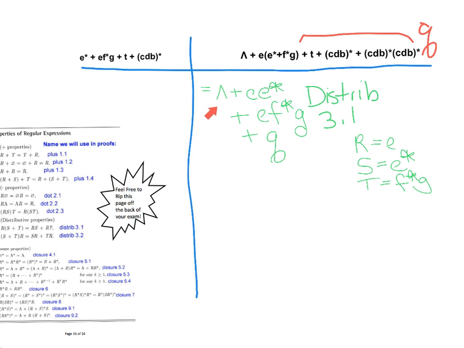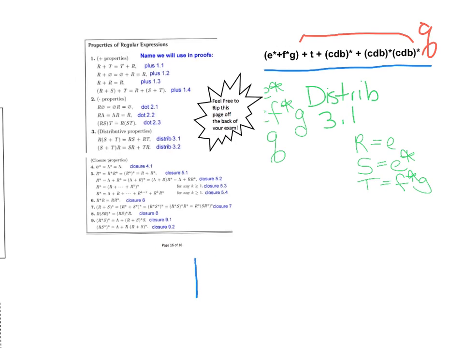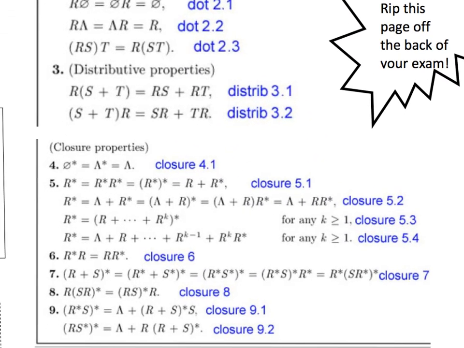And so the question is, does lambda plus EE star actually equal E star? Because if it does, then I'm good. I've got this piece looking like this piece. And so what I do again is I pull out my sheet here and start looking at the rules for closure, right?